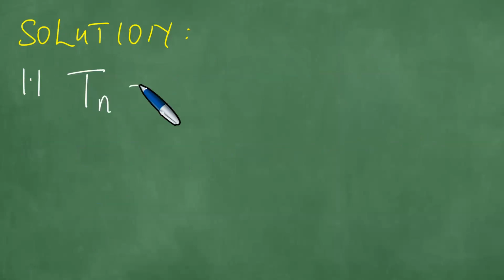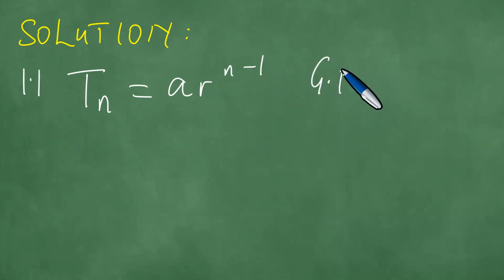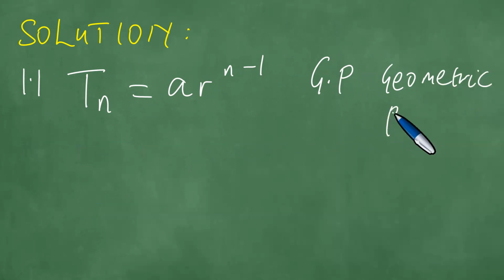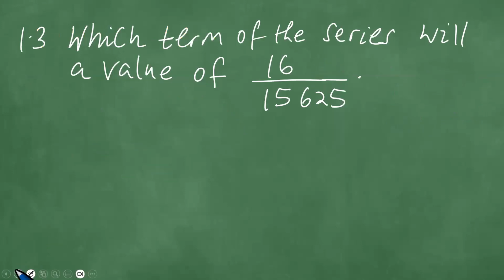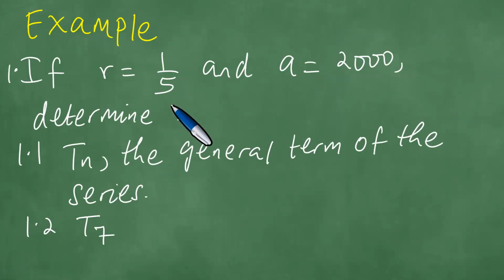So for geometric progressions, we use this one. We use this one because there is R in the question. The R is 1/5, so we use that Tn formula.